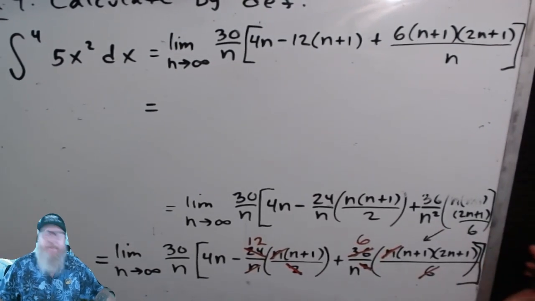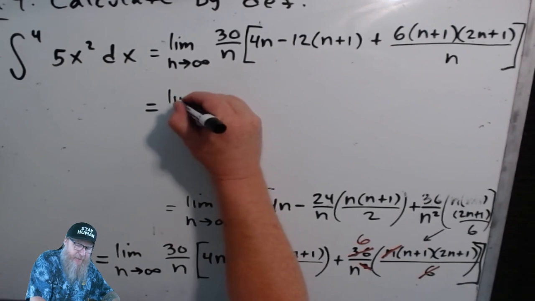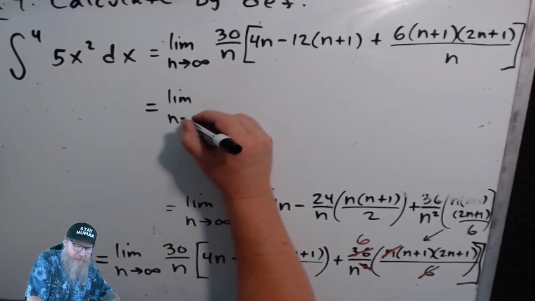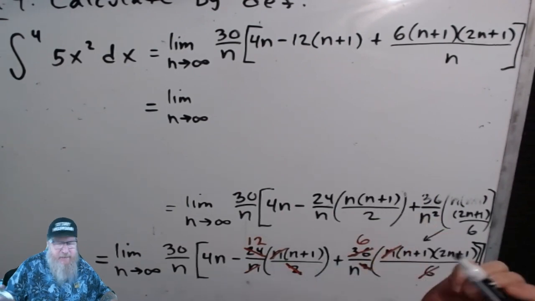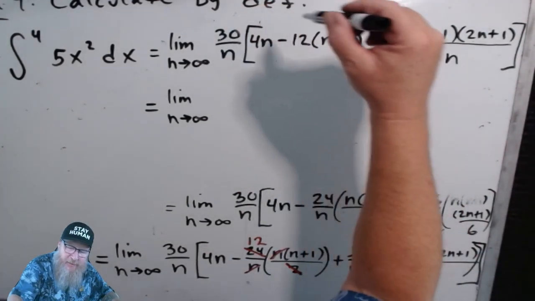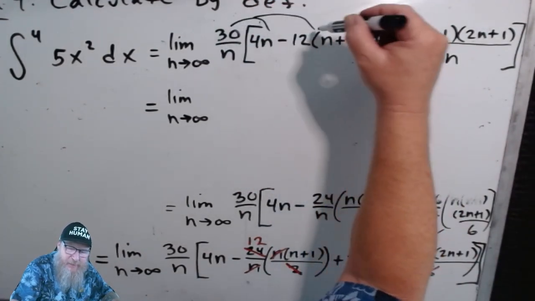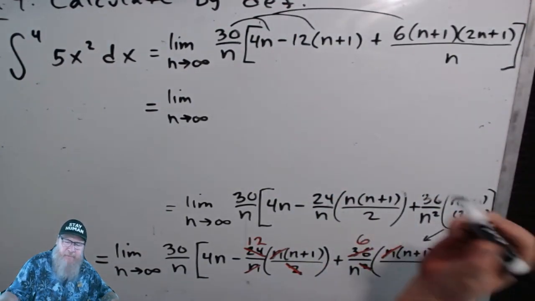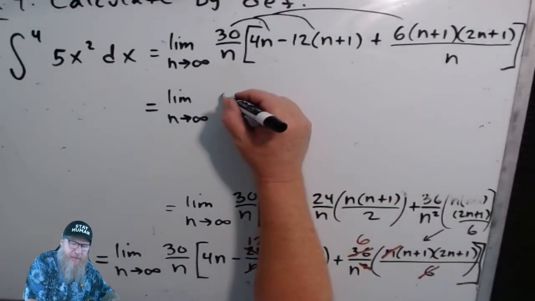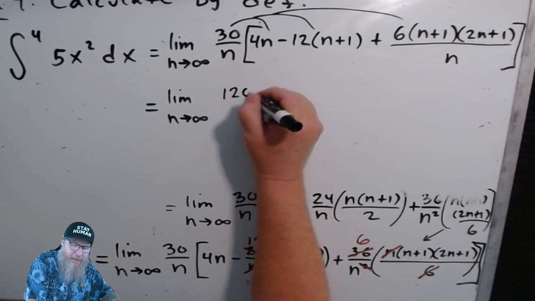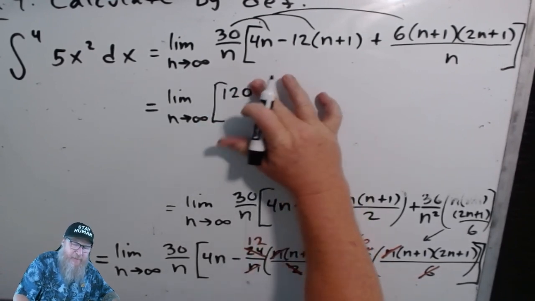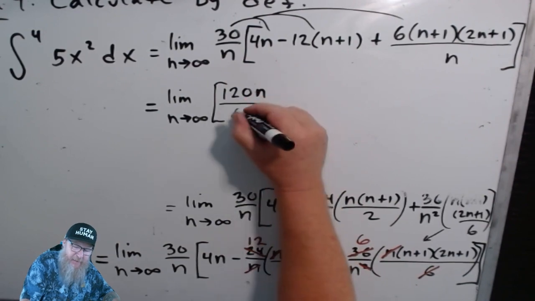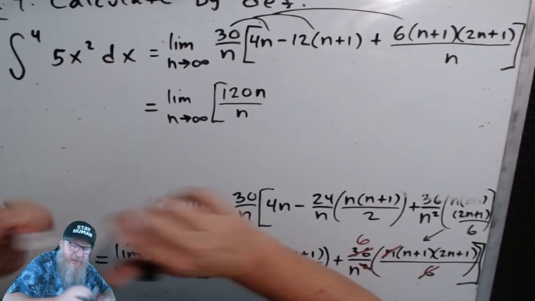Alrighty. And so now we got the limit as n goes to infinity. Yeah, might as well. Let's just go ahead and distribute this. So that's going to be 120n over n. And so those n's are going to cancel.